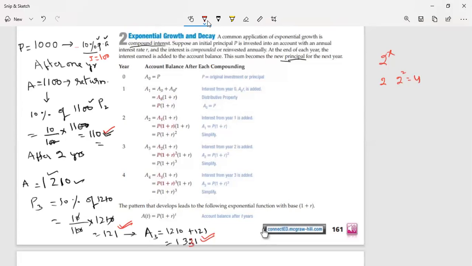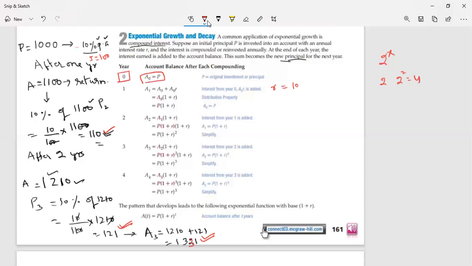But to calculate like this is difficult. We are getting one formula. Before that, they have said the same thing. This is A0, the amount in the 0 year. Now we have taken A1, so A0 plus A0 into R. Here R is written in decimals, 10%.